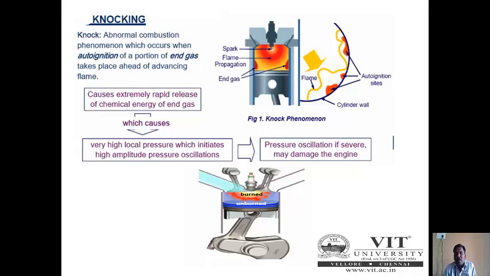By that time, if there is a possibility of auto ignition of the end gas or unburned mixture close to the cylinder wall, this may create one more flame moving in the opposite direction. So now there is a main flame from the spark plug and an additional flame from the end gas. When these two flames collide with each other, they create an enormous amount of pressure.